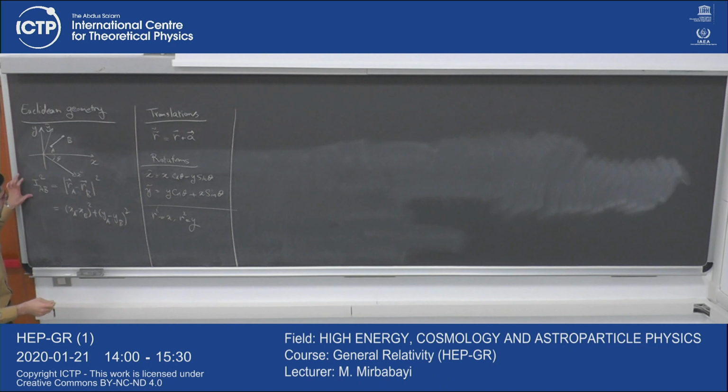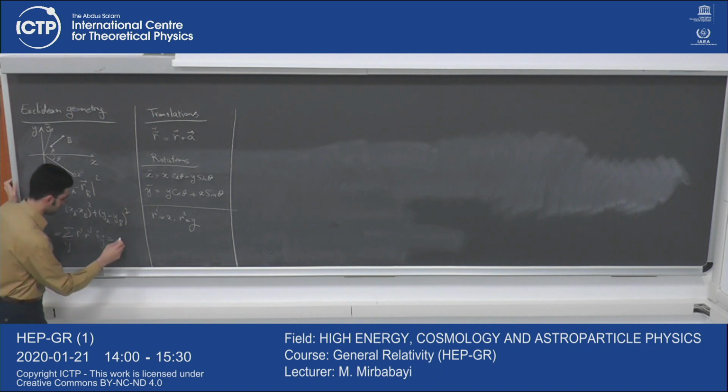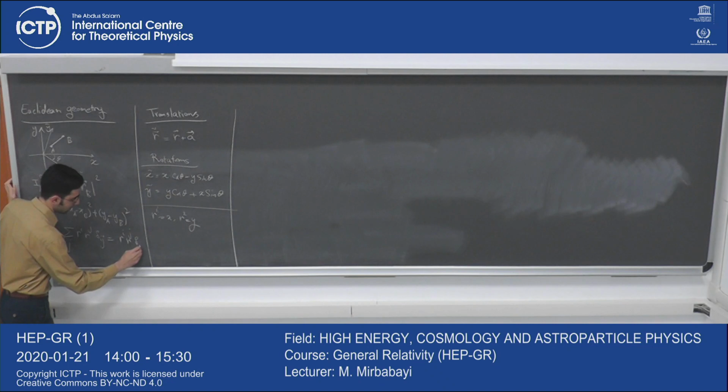Then the interval can be written as a sum over the components, R_i R_j delta_ij. And then we use the summation convention, which is that every repeated index is summed over, so we don't write the sigmas anymore. We just write R_i R_j delta_ij.